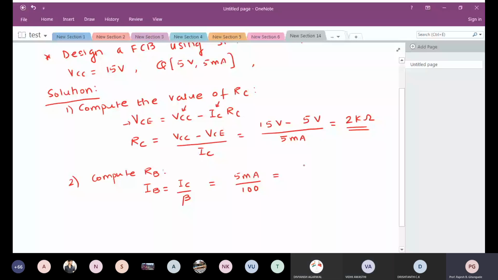In microamperes, how much is it? It is 50 microamperes.